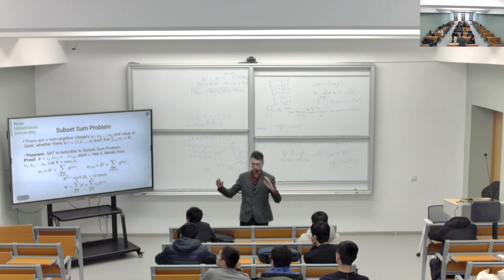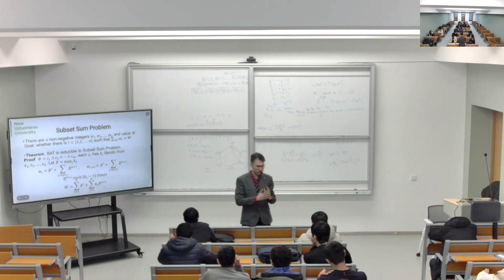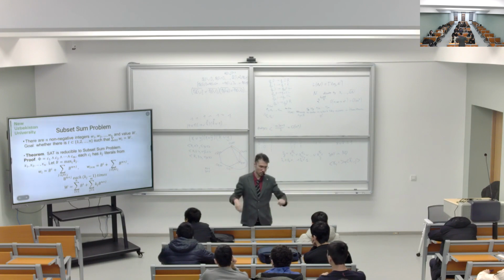So you have a lot of numbers and you have a target, and you want to match the sum of these numbers to this target. So just select the subset of these numbers whose sum is equal to the target number. So we want to solve this problem.